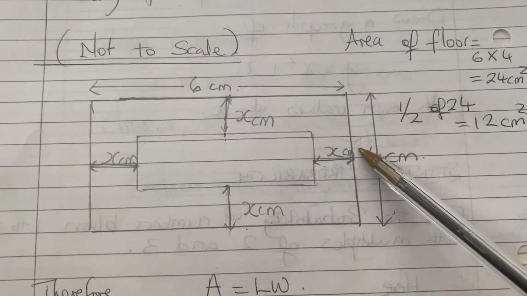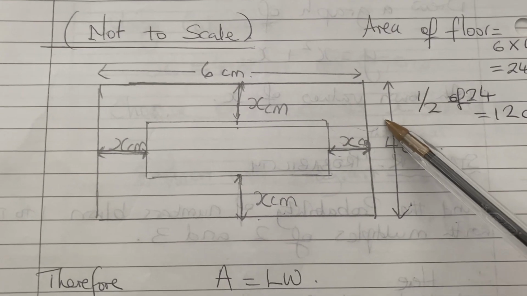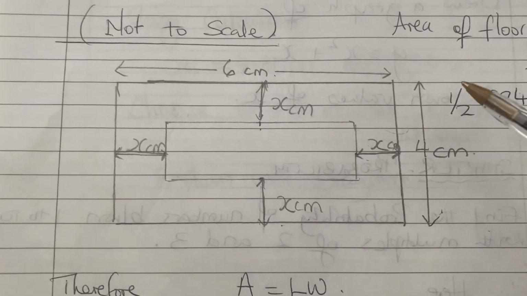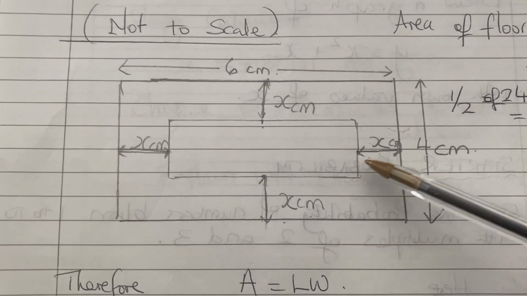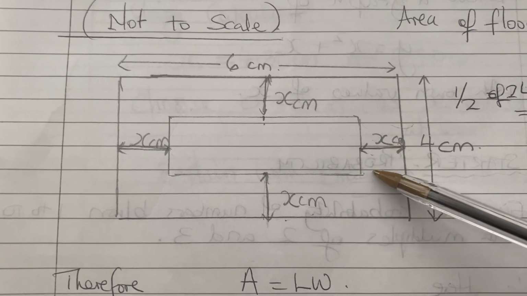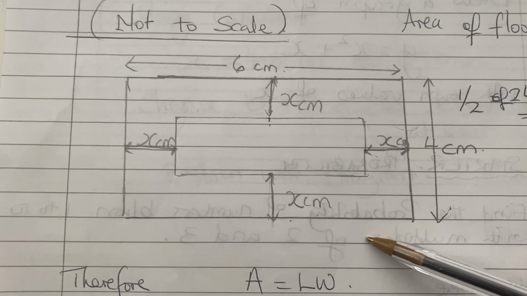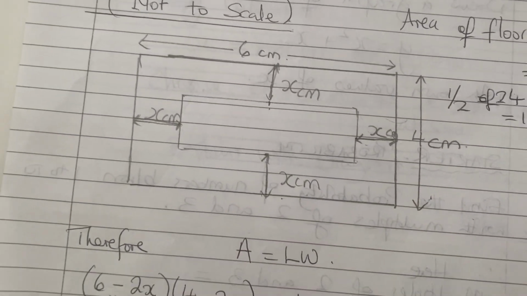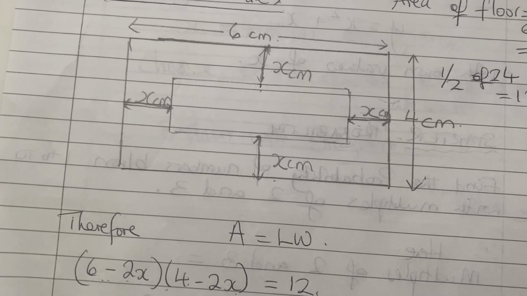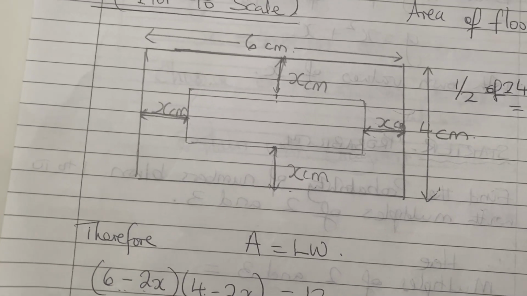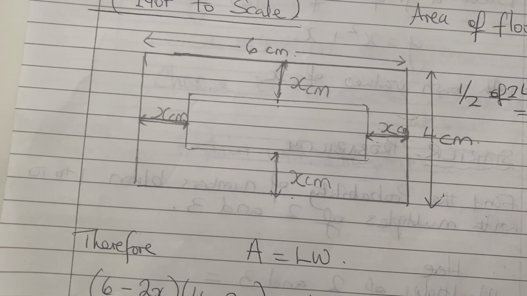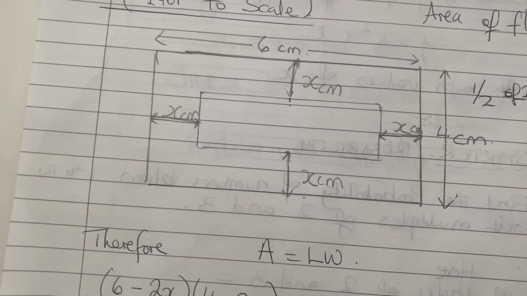If you don't understand it, look at the diagram, think about it, and see if it makes sense to choose 4.3 centimeters or 0.7. Because if you are going to use a quadratic formula or a quadratic equation, you are going to come out with two answers.